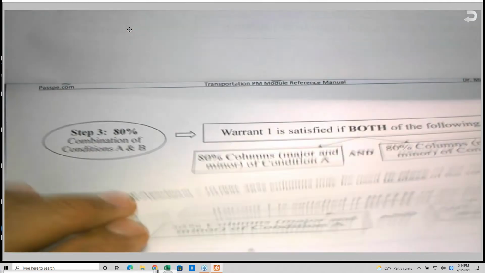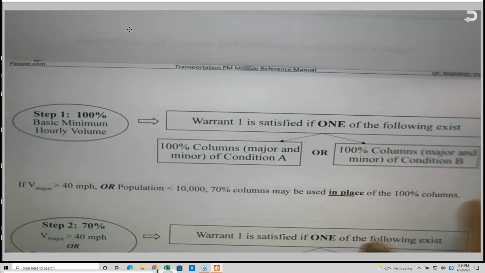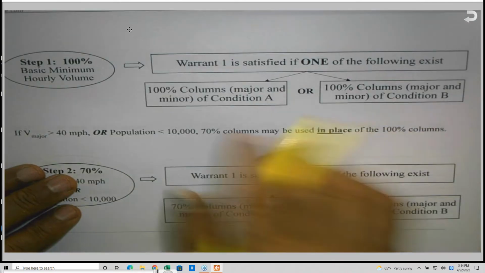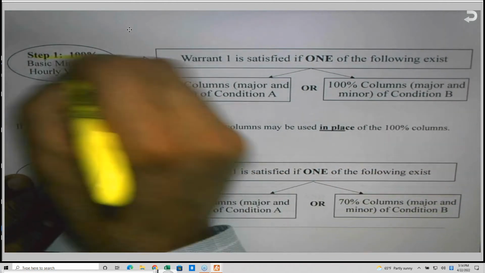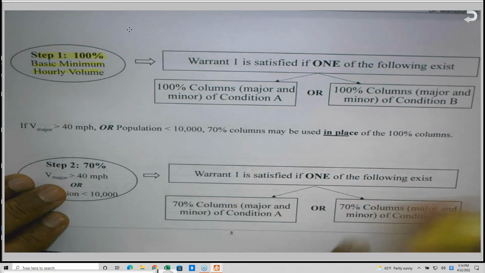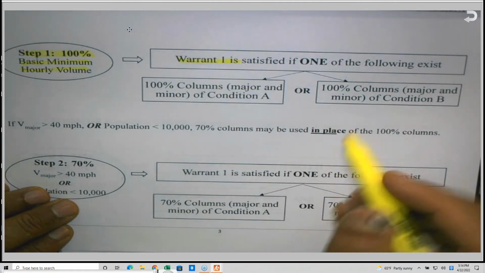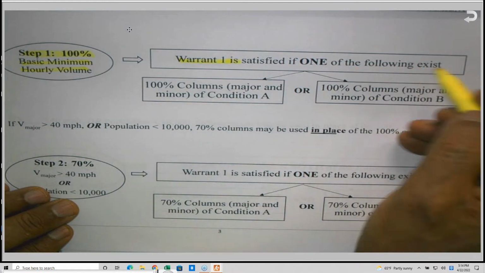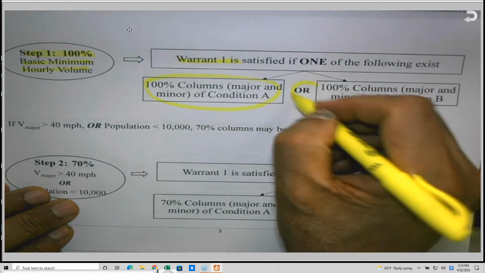I need you to pay attention to the following, and this is given at the bottom of the table. If you are going to use the 100% column, warrant number 1 is satisfied if one of the following exists, either A or B.